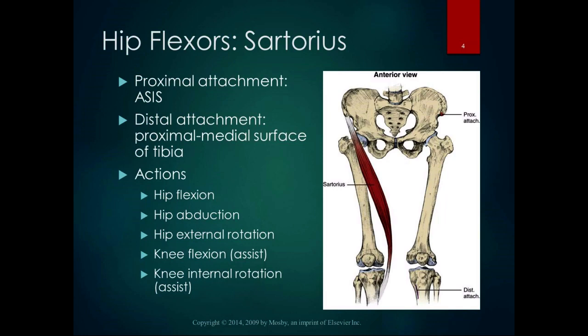And because of the way it crosses the knee, it can assist with knee flexion and knee internal rotation. So if you can't remember what the sartorius does, all you have to do is cross one foot over the other knee or sit cross-legged, and your sartorius will be in its shortened position. Its primary action is hip flexion, and so it gets the femoral nerve.